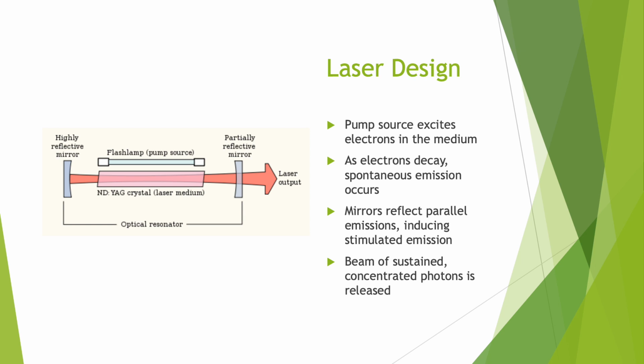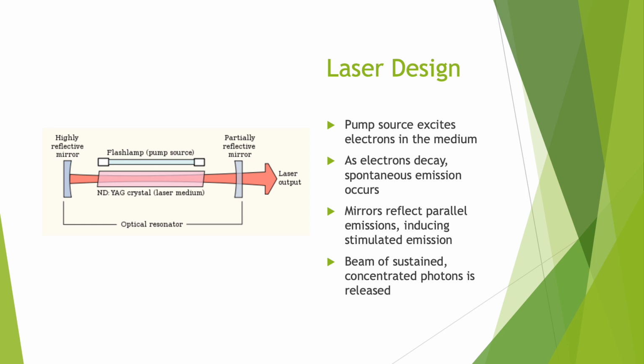So here we have the basic design of a laser. You'll see there what's called a pump source, which can take many different forms, but really the whole purpose of that is that it is exciting the electrons that you see there in the very middle, that medium there in the middle.